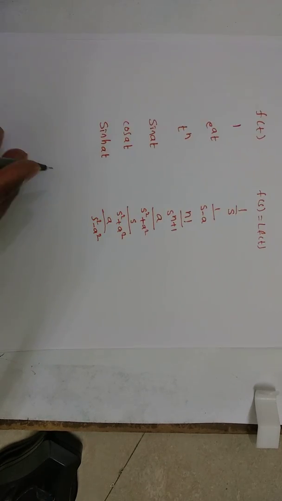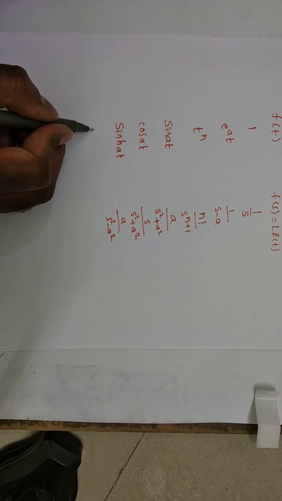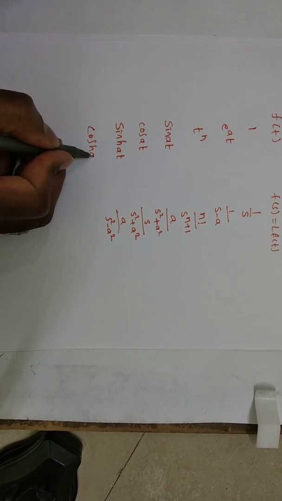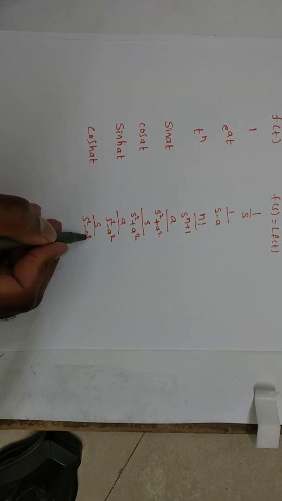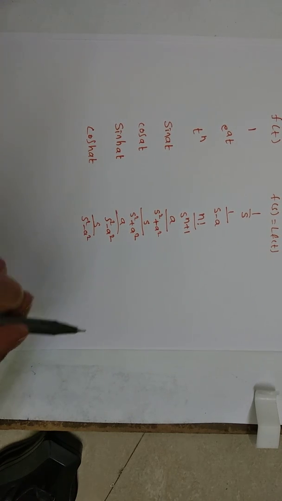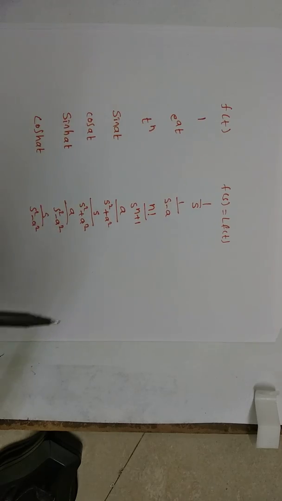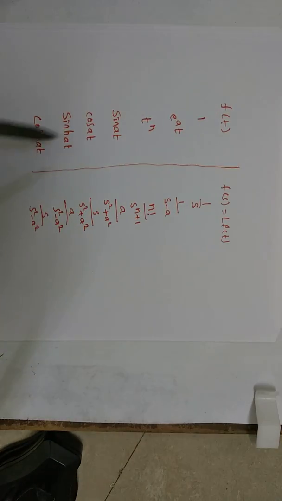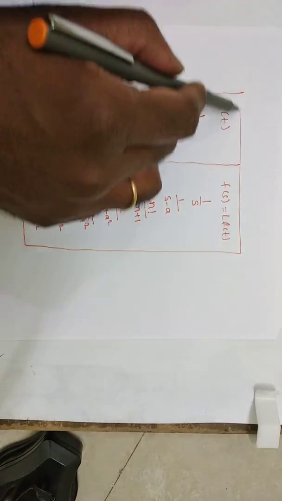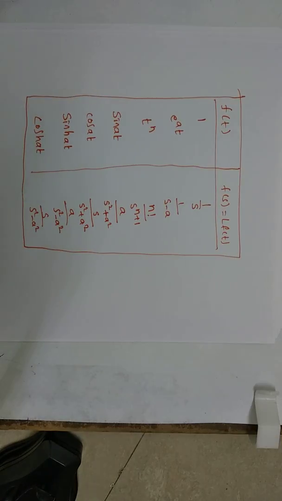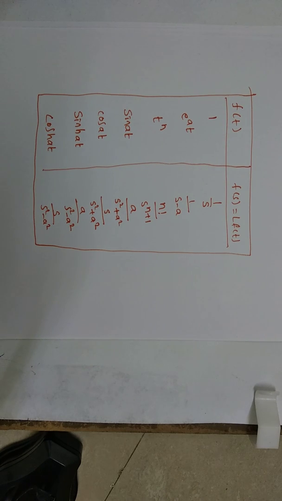Next, L of cosh(at) is s by s square minus a square. These formulas are very important to find the Laplace transform of the given function. Remember these formulas. Thank you.